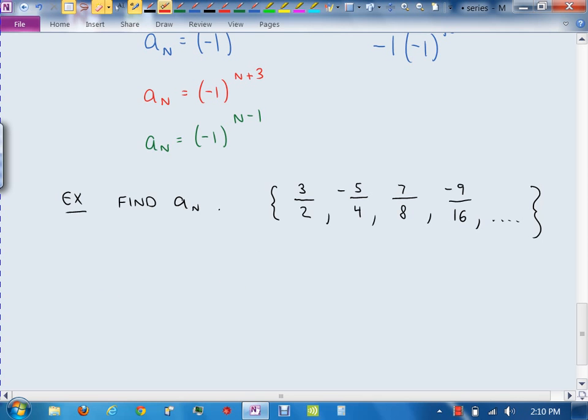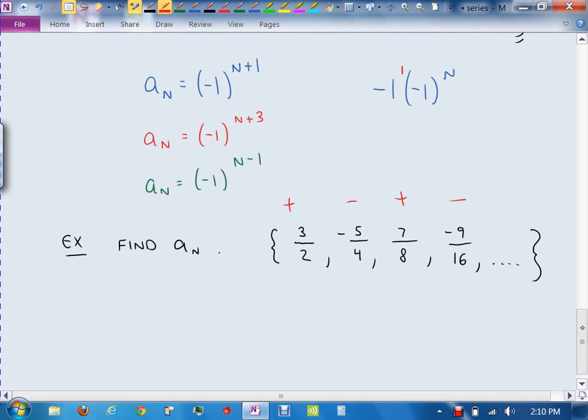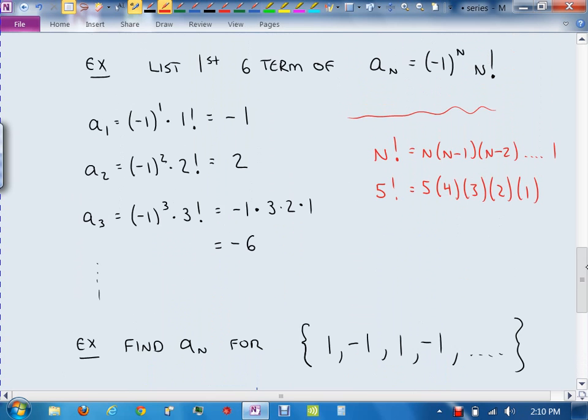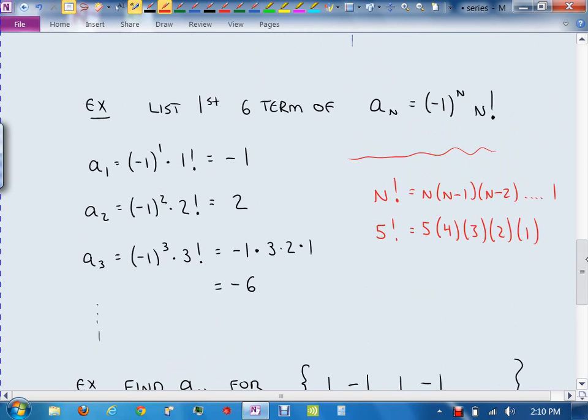Let me go back here and say this. What I notice when I see this is I've got positive, then negative, positive, then negative. You can always make things alternate by using -1 raised to an n or an n plus 1. If you want it to start negative, then you use -1 to the n, like up here in this example. -1 to the n starts you negative, and then it should go positive, negative, positive, negative.